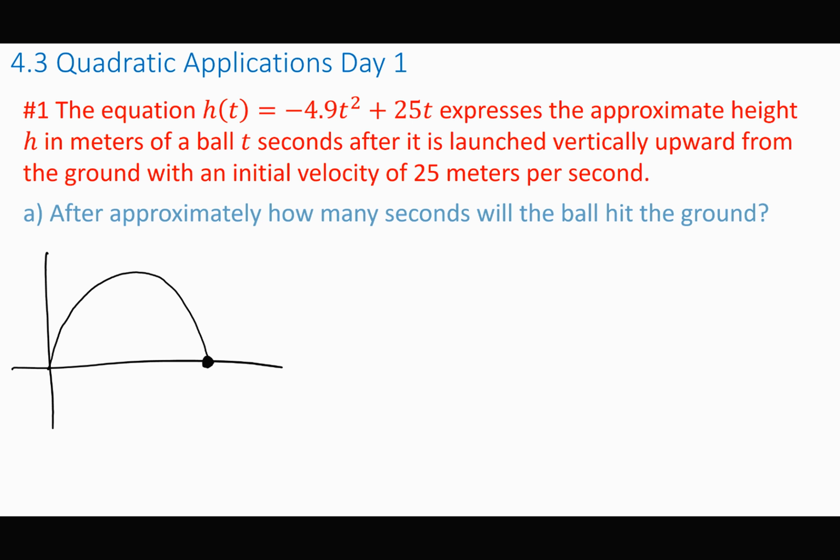Okay, well, we just did one kind of like this. We know that our vertex here will be halfway. So once we figure out the vertex, we can double that x coordinate, and that will give us the full distance of the parabola. Okay, so first thing we've got to figure out is the vertex.